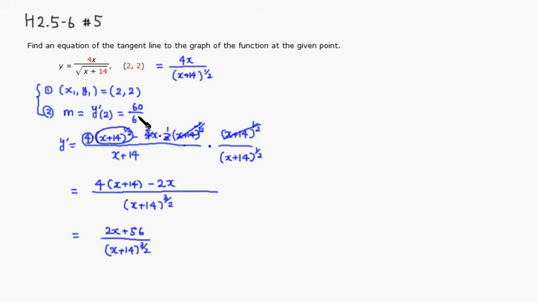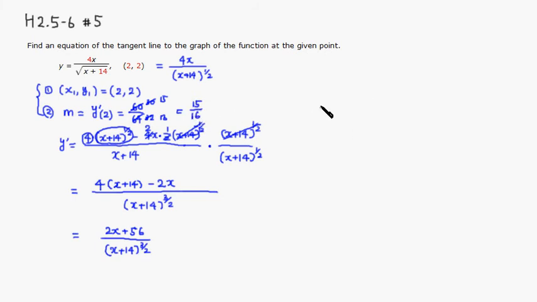So you have 60 over 64. This is an even number, so divide by 2: 30 over 32. Still can divide by 2, so that's 15 over 16. You can see that it can be simplified to 15 over 16.